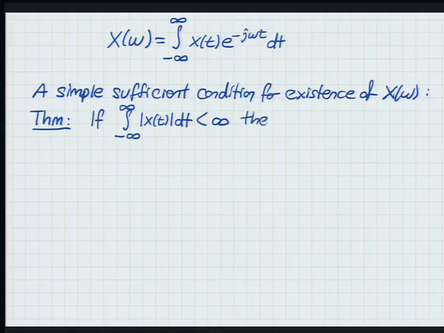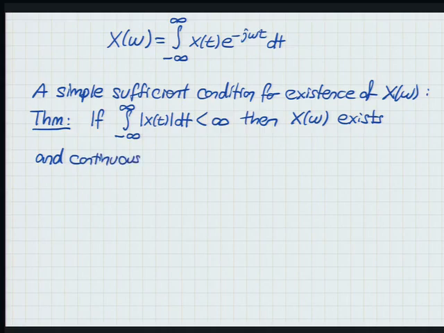Then X of omega exists, right? And some things we didn't ask for, but come for free because this is a somewhat restrictive condition, more than necessary. And continuous. I never asked for continuity, but it comes for free. I'll take it. And continuous, right?